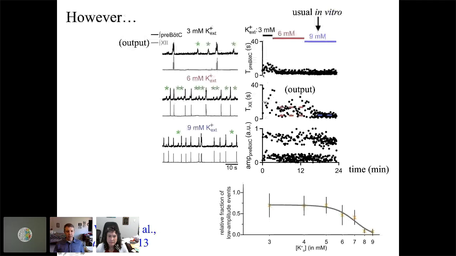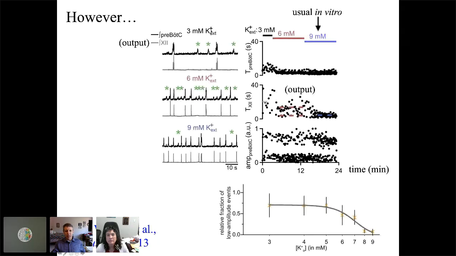So here we see results from the Feldman lab showing both a measure of the overall activity in the pre-Botzinger complex, so the neurons I'm talking about, in black, along with this output in gray, right? So this is a hypoglossal nerve that's being driven by pre-Bot output.